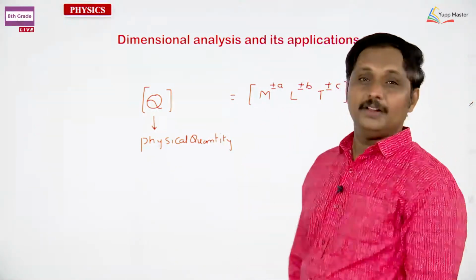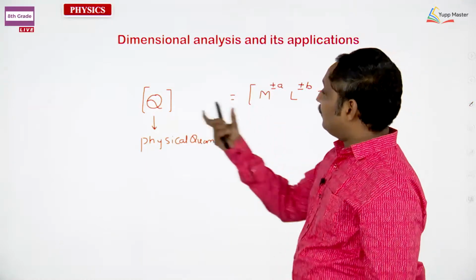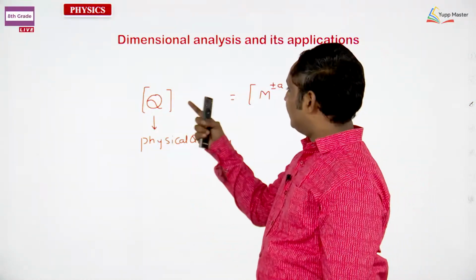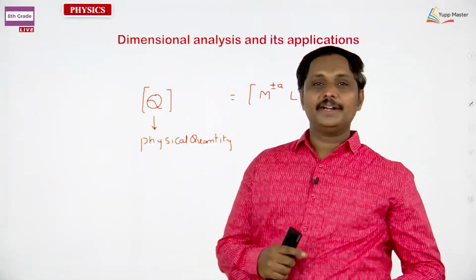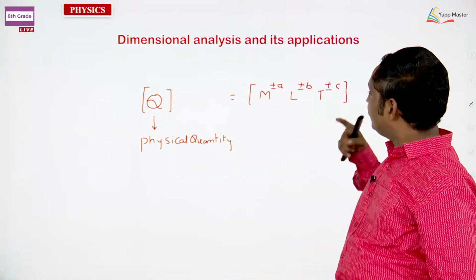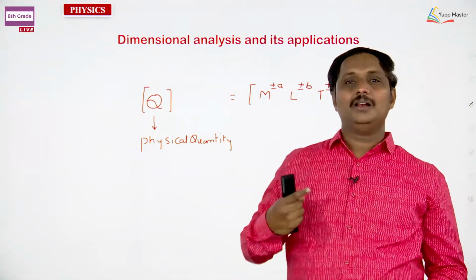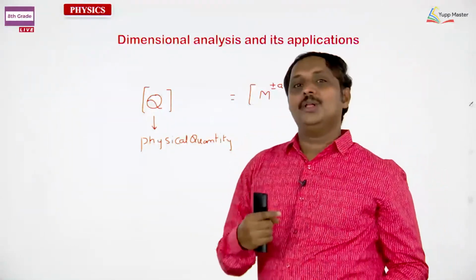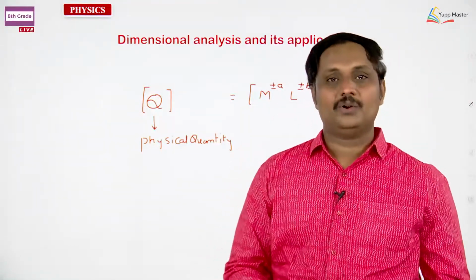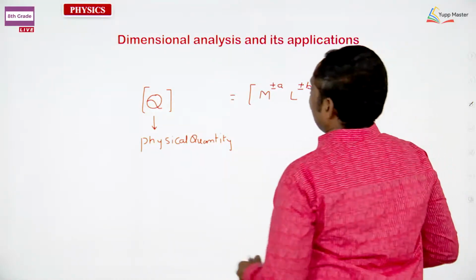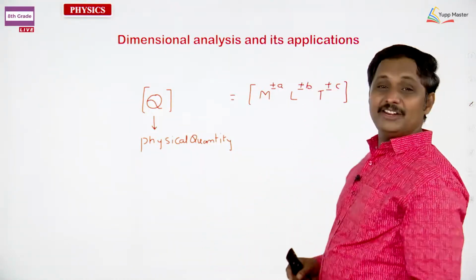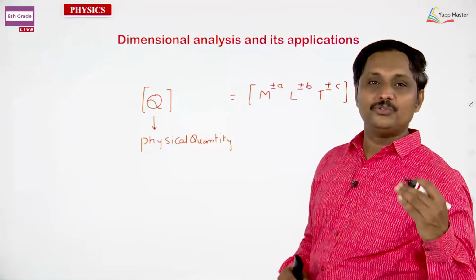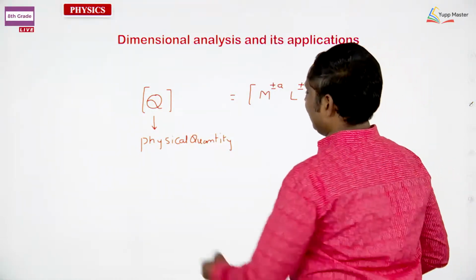It is very clear. So a physical quantity, a derived quantity, can be expressed in terms of fundamental quantities, that is M, L, T, and also the 7 base quantities. Now dimensional analysis can be applied.